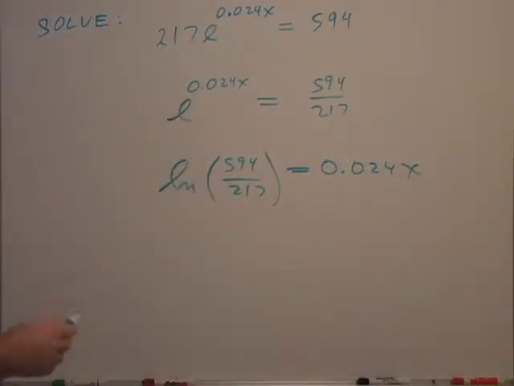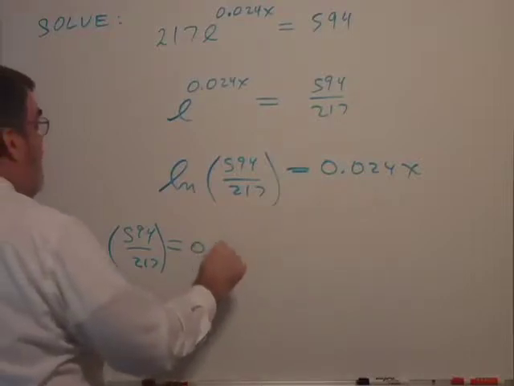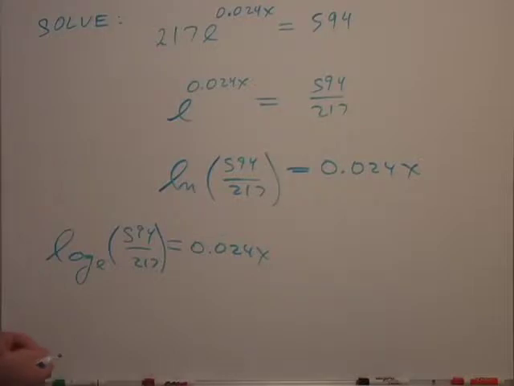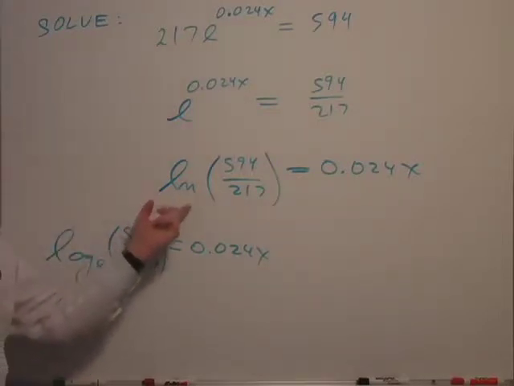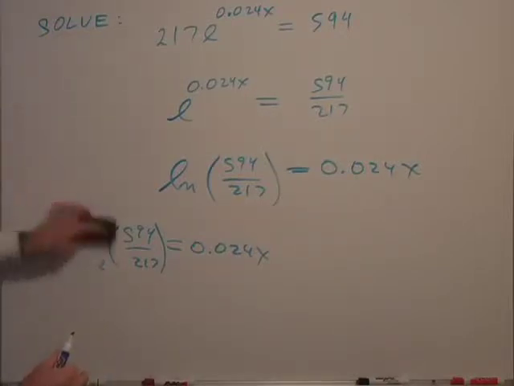That may not be immediately clear, but if I didn't use the ln notation, and used log base e of 594 over 217, that would equal the exponent, 0.024x. And so e to this power equals that number. It's simply the logarithm form, except we don't write log base e, we write ln for natural log. That's all there is to that, actually.